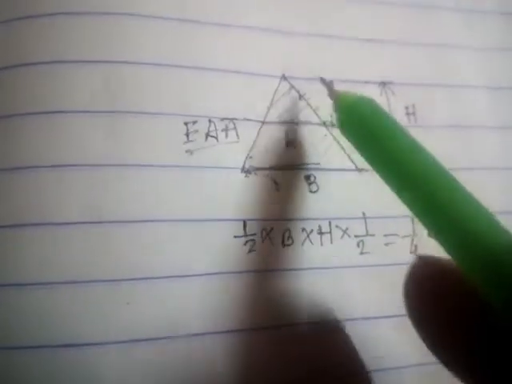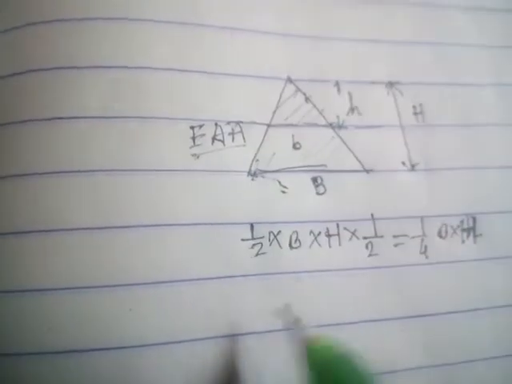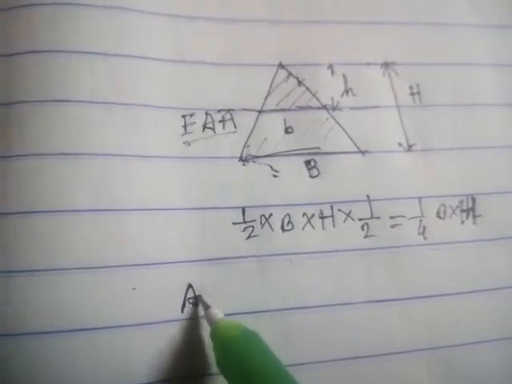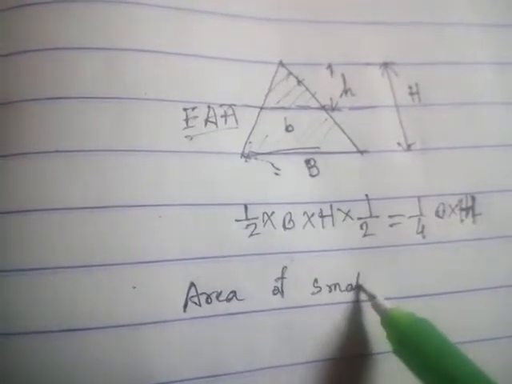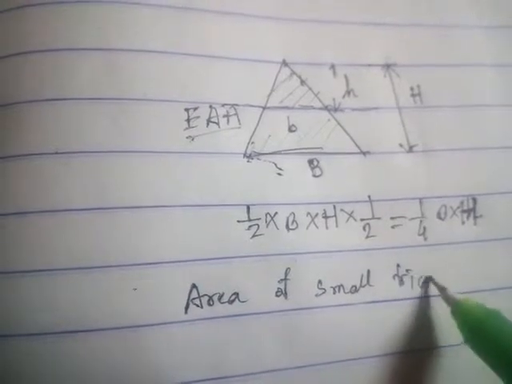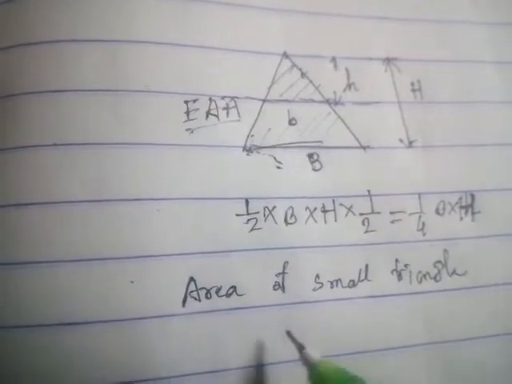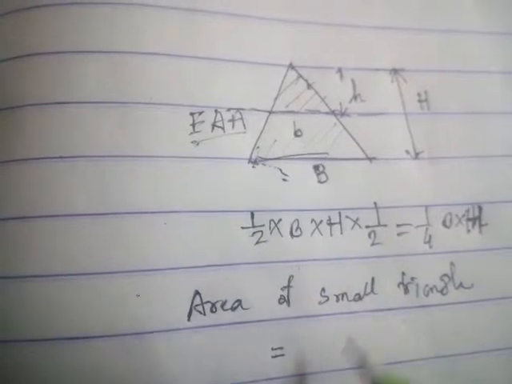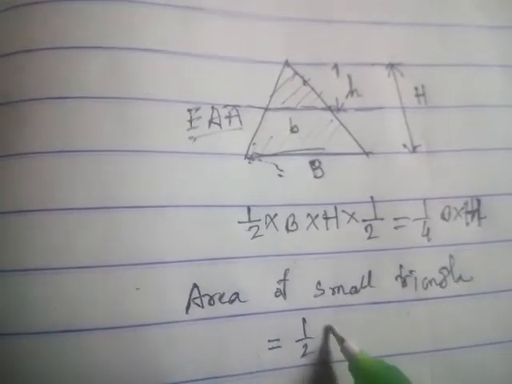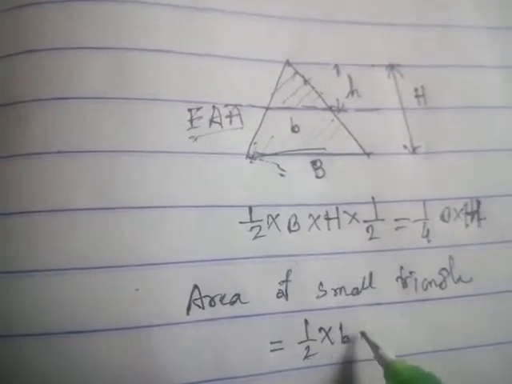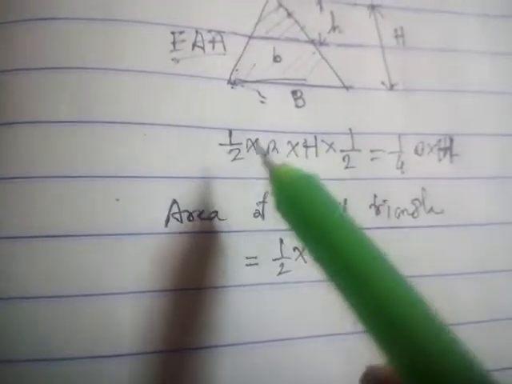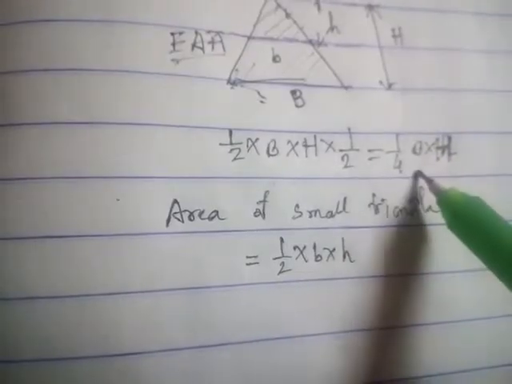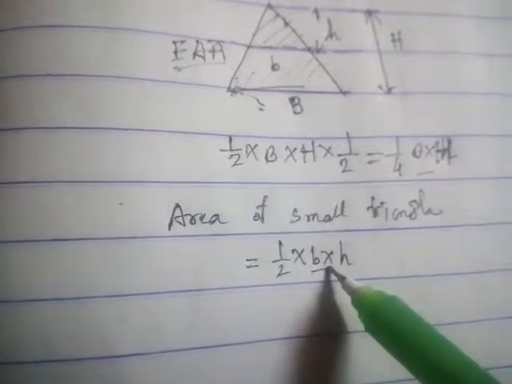Now the area of this small triangle will be, area of small triangle equals half into small b into height h, okay. Now this area and this area will be equal, okay.